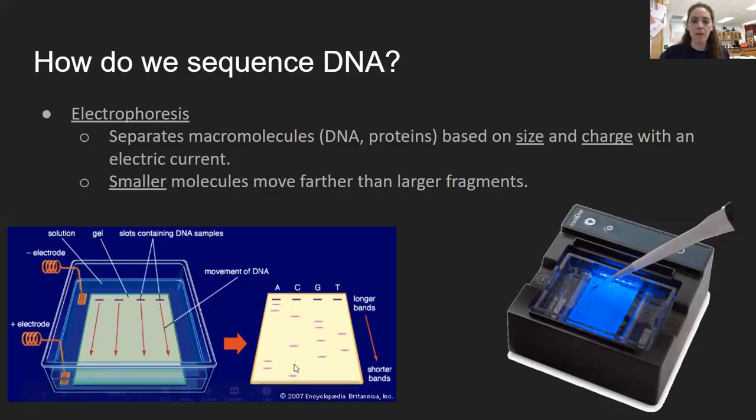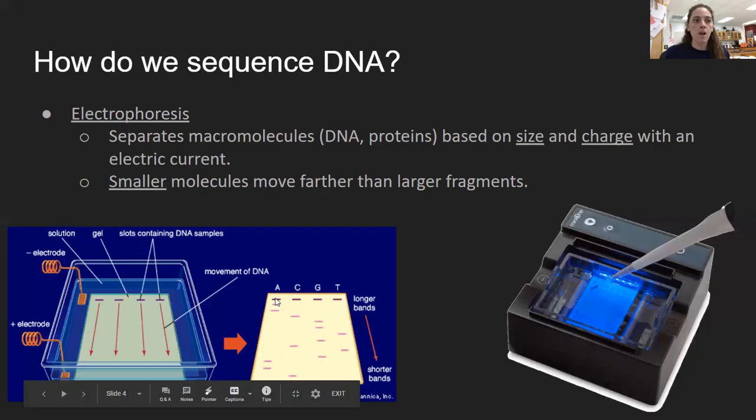So when we have this run in class, we'll have the electricity going for 10, maybe 15 minutes, and we'll see our fragments of DNA, and those fragments are made with restriction enzymes, separate out by size. Our longer bands are closer to the negative, the starting line, and the shorter bands closer to the positive.